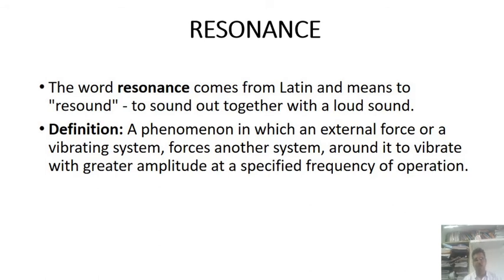At PUC level, we calculate the frequency of a tuning fork in two or three different ways: using a vibrating string, using electromagnetic radiations, or using Melde's experiment. There are many different ways. Here also we are going to use resonance: we are going to calculate the frequency of a tuning fork using a volume resonator.